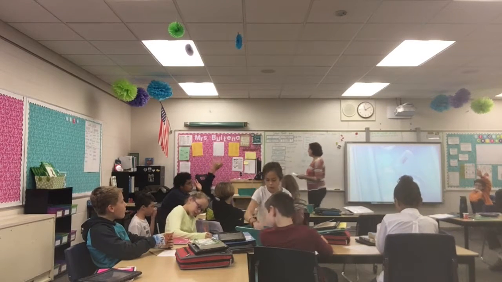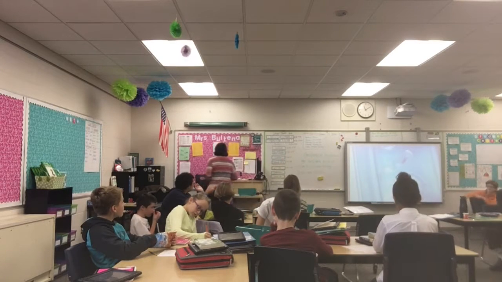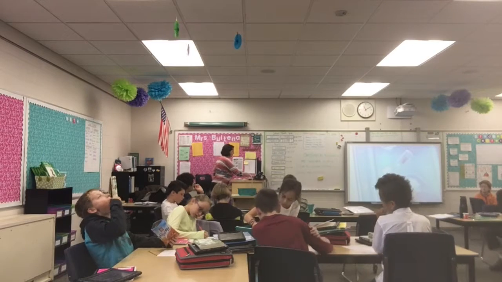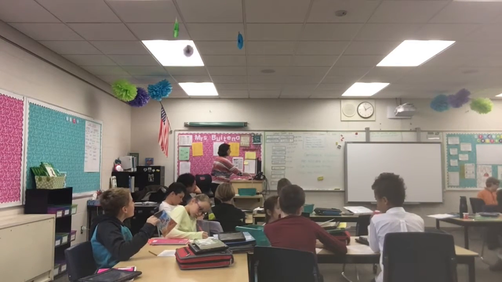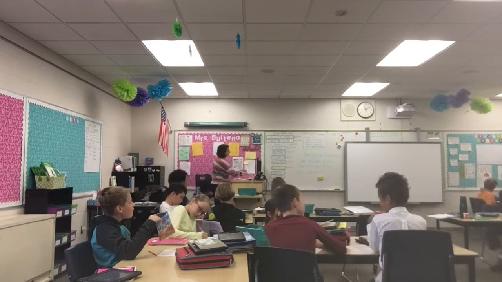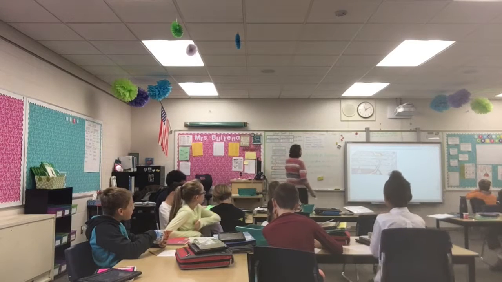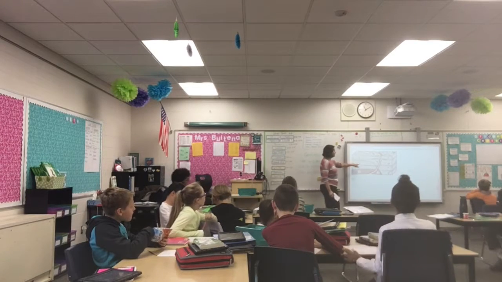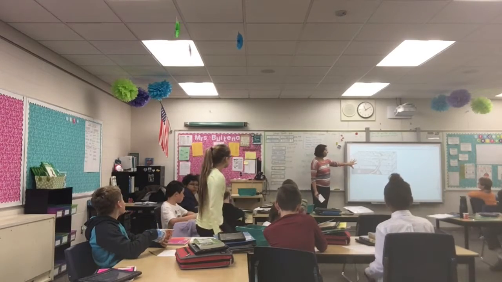Okay. So, when we're looking at rock layers, I'm going to show you guys a picture on the screen here. If everybody can look eyes on the board real quick, this is an example of different rock layers in the earth.